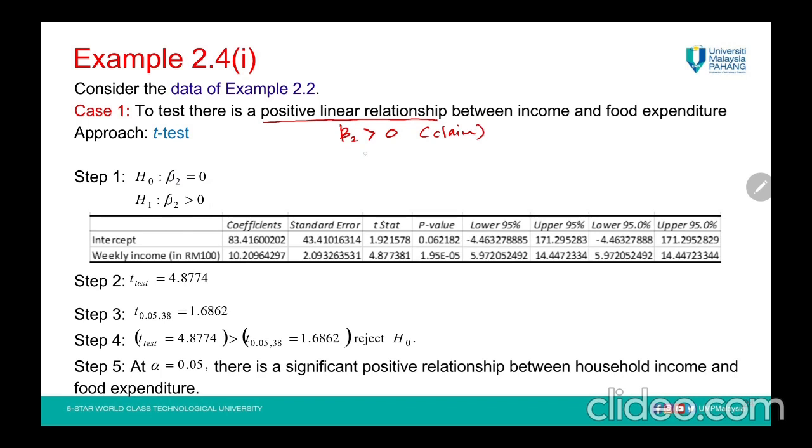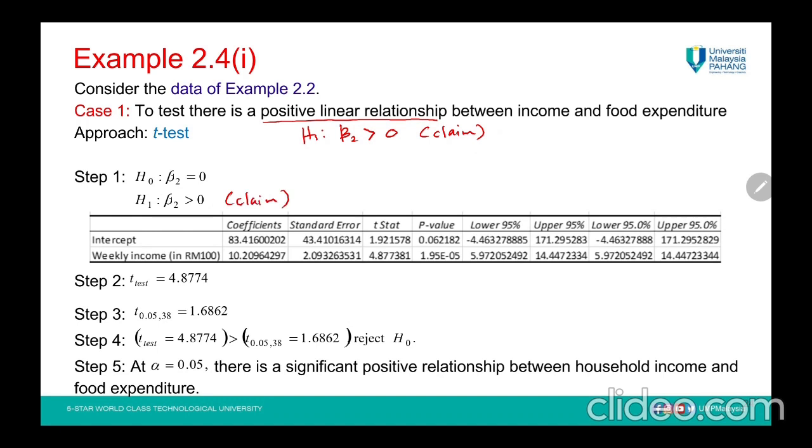Since the inequality used here is greater than, with no equals, this statement is under H1. So in step 1, our H0 is beta 2 equals 0.